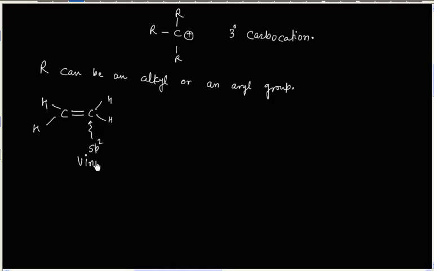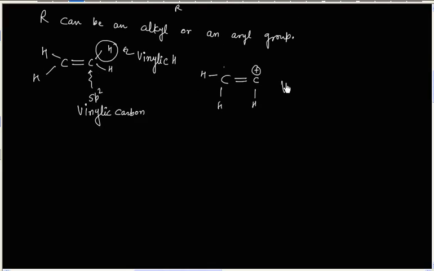So this is a vinylic carbon and the corresponding hydrogen is vinylic hydrogen. Now if I replace this hydrogen, we can put a positive charge. So the corresponding carbocation is called vinylic carbocation.